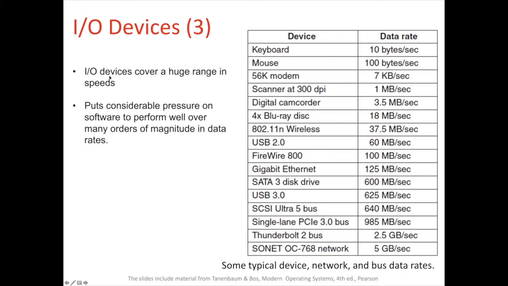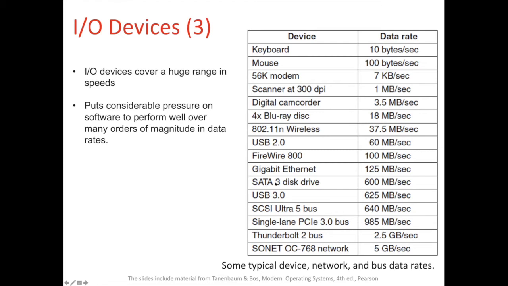Input-output devices cover a huge range in speeds. It puts considerable pressure on software to perform well over many orders of magnitude in data rates. For example, the data rate for a keyboard is 10 bytes per second, while it is 100 bytes per second for a mouse. For USB version 2.0, the data rate is 60 megabytes per second.